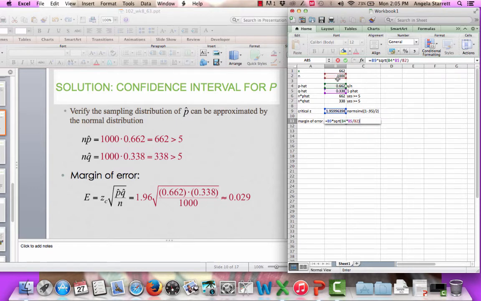Again, that is critical z times the square root of p hat times q hat divided by the sample size, and we get approximately 0.029. I'm going to write this out here: z times the square root of p hat times q hat divided by n.